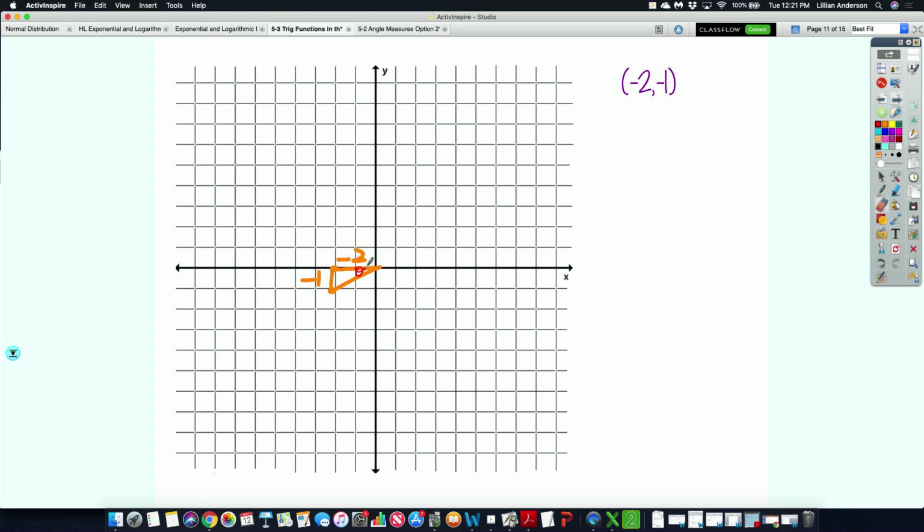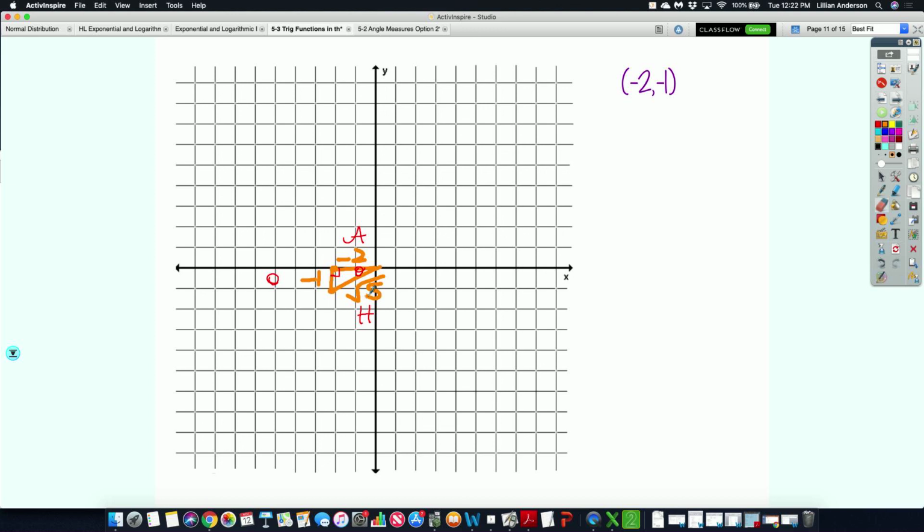Okay, remember your angle is always located with your x-axis and your hypotenuse. Okay, so this -1 was your what side? Opposite. And your -2 was your adjacent. And then, of course, the side across from your 90-degree angle is your hypotenuse. What did you guys get for your hypotenuse? Square root of 5. If it can be simplified, you simplify, but if you can't, you just leave it how it is.